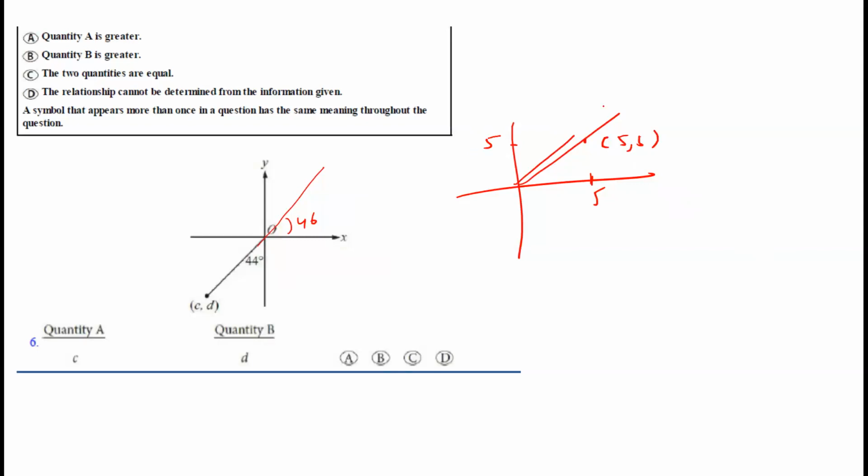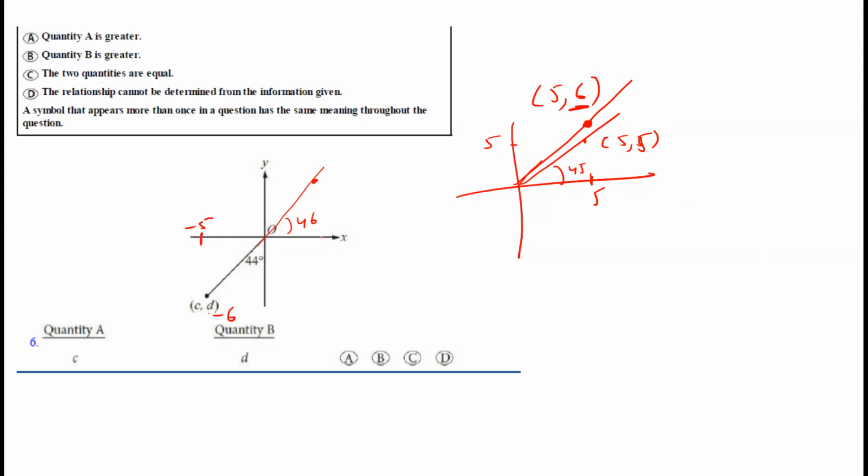Now if the angle is more, then y is going to give you a higher number. So if x is 5, then your y would be greater than 5. Let's suppose it's 6. I know it's not accurate, but just let's suppose it's 6. Now over here, if we have minus 5, then d would be minus 6.